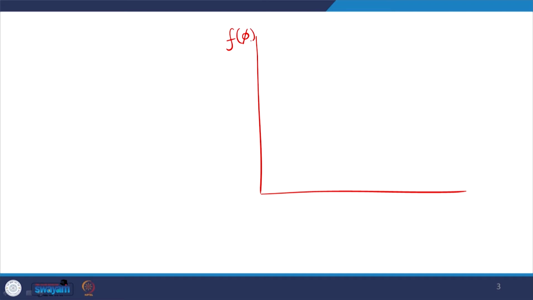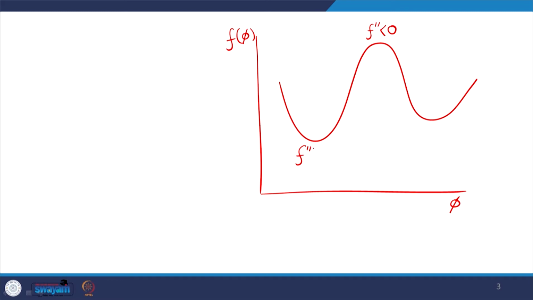So, let us look at the other extreme that we had discussed, where the function looks something like that. And now, in this case, we have two regions in the graph. In one of the regions, the f double prime is less than 0, and in the other part the f double prime is higher than 0.